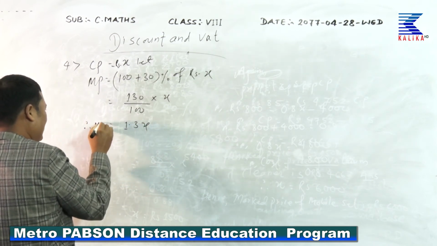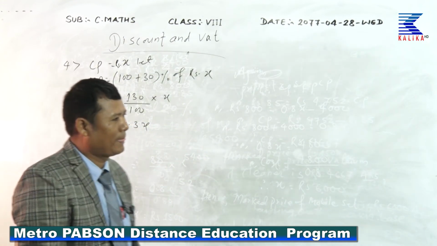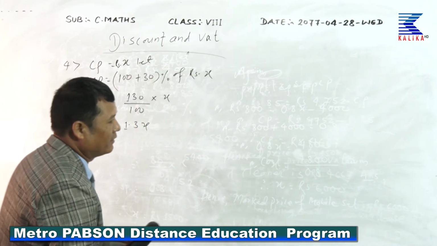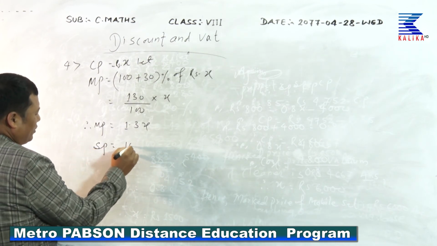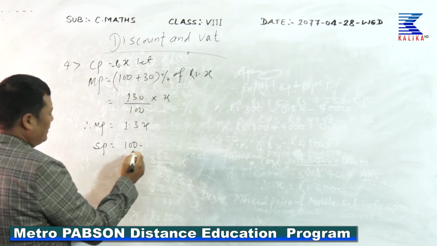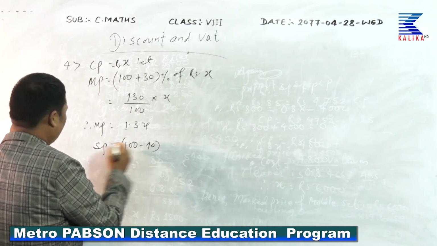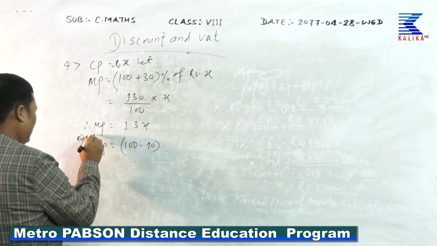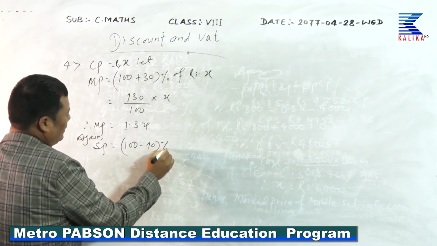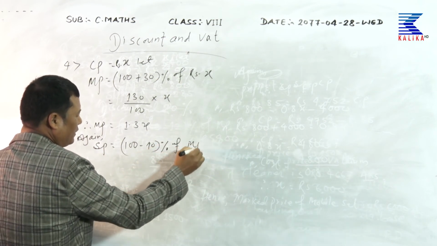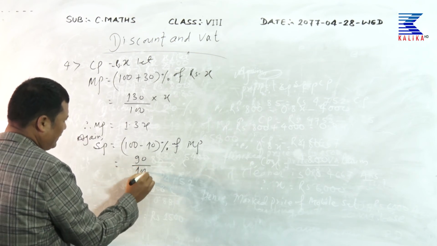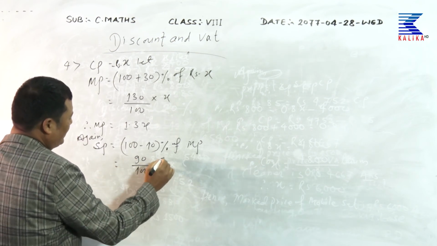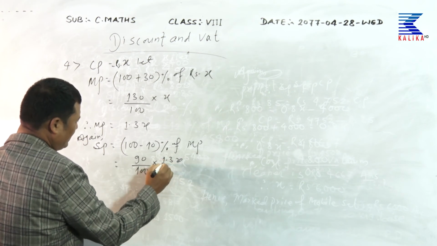That is MP. And selling price SP is equal to 100 minus 10 percent of MP. 90 by 100 into MP, which is 1.3X.